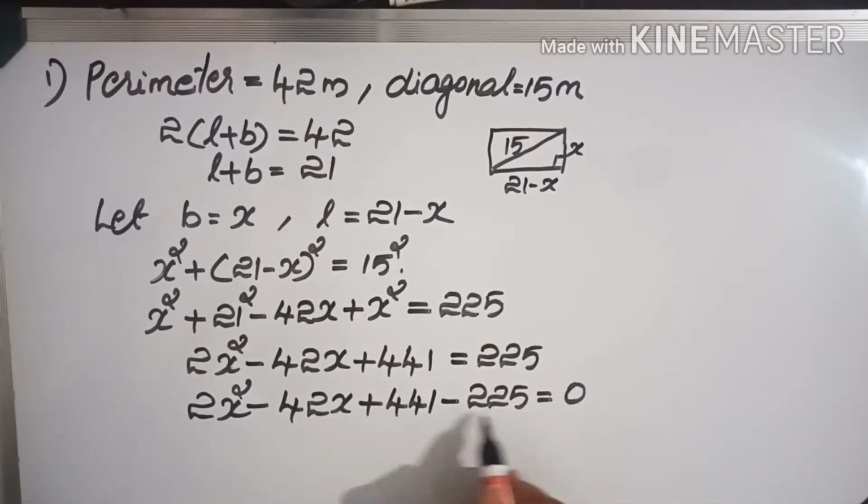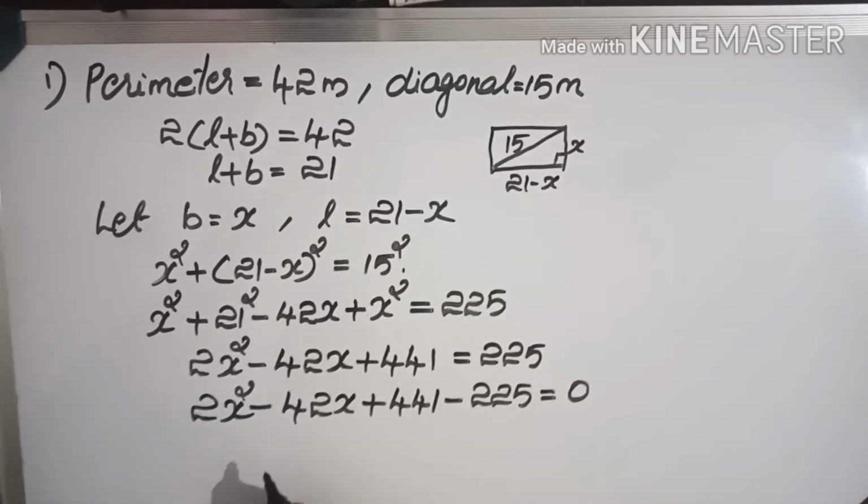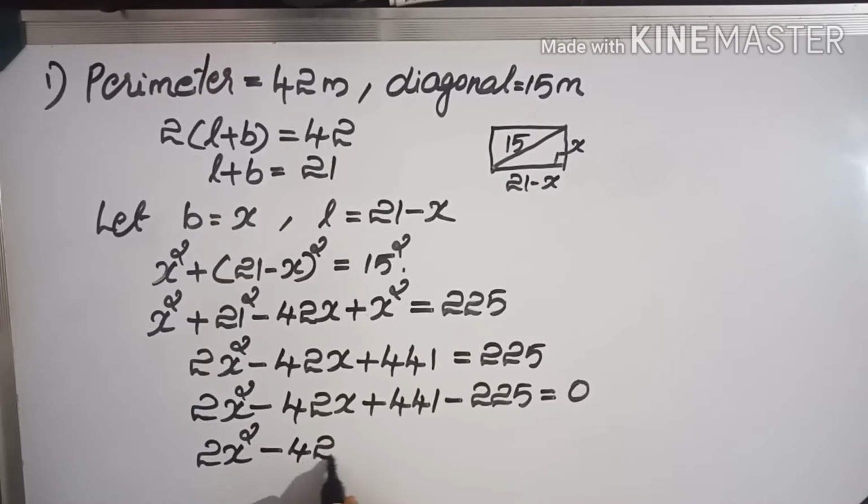Now in the next step we have to subtract this. So the next step will be 2x square minus 42x plus 441 minus 225 is 216, equal to 0. Now this is of the form of a second degree equation, second degree equation format.